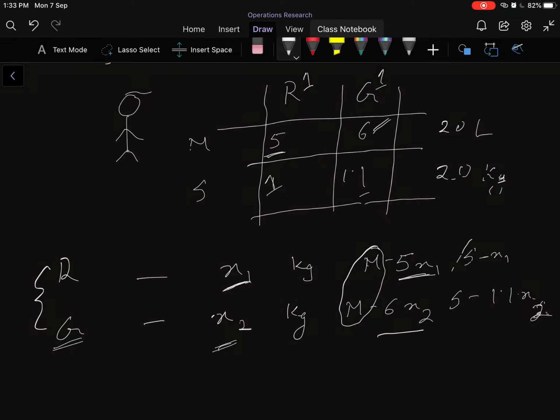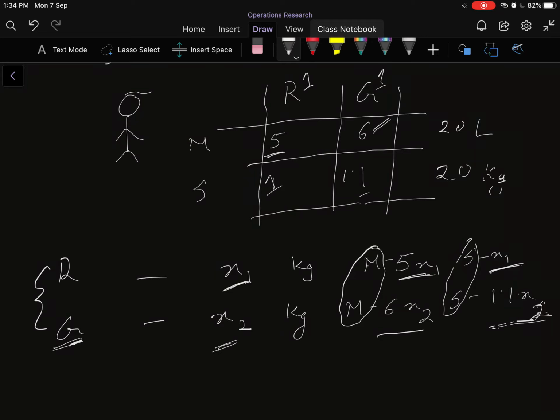Similarly, the total requirement of sugar would be 1 into x1 plus 1.1 into x2, because x1 is the amount of sugar that he requires for making x1 kg of rasgulla, and 1.1 into x2 is the amount of sugar that the person requires for manufacturing x2 kg of gulab jamun.